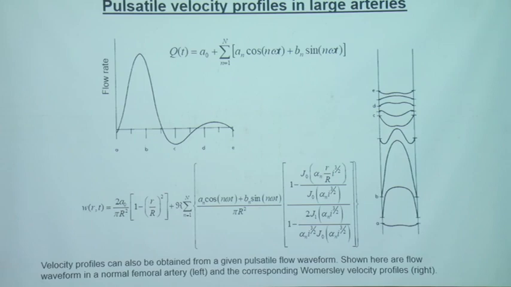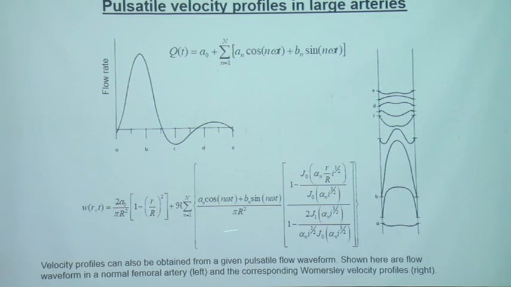So this is what the corresponding flow waveform looks like. Sometimes, especially in applications, we don't have the pressure waveform, but if we have a Doppler ultrasound measurement, we have a flow waveform. So if we start with the flow waveform, and again decompose it into this expression, the corresponding velocity profiles can also be found.